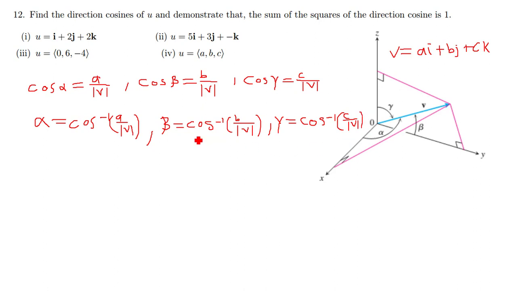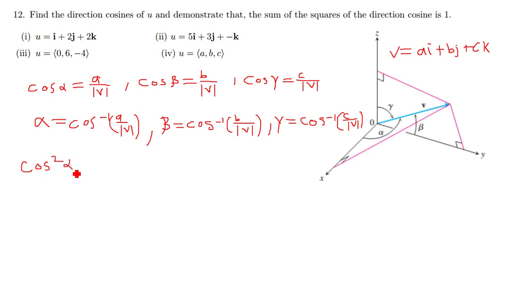Apart from that, the other thing that we can talk about regarding the direction cosine angles is the square of the cosines.